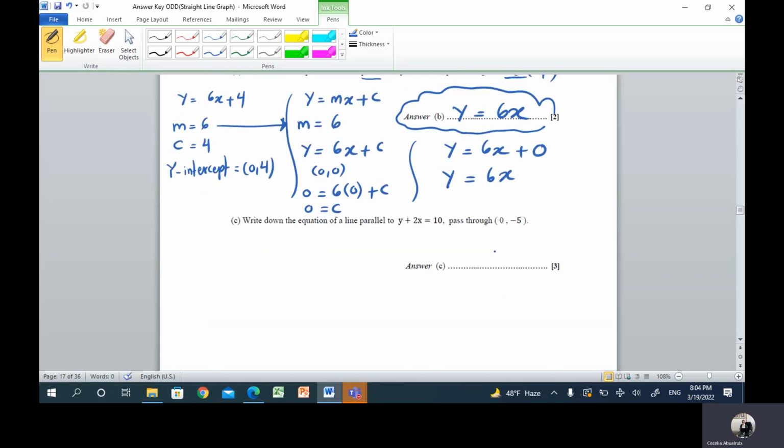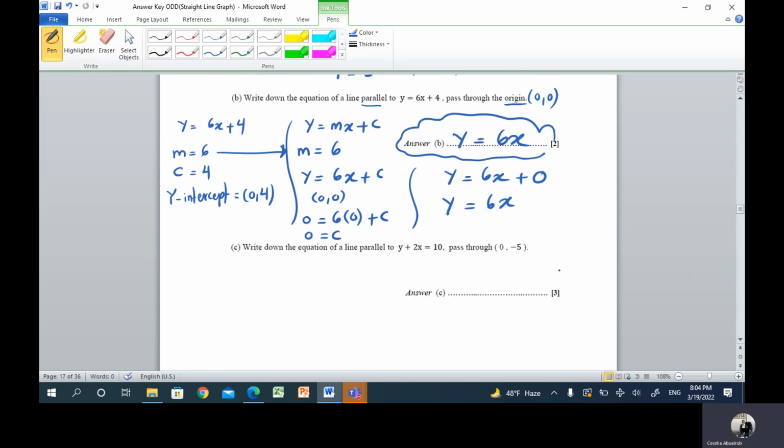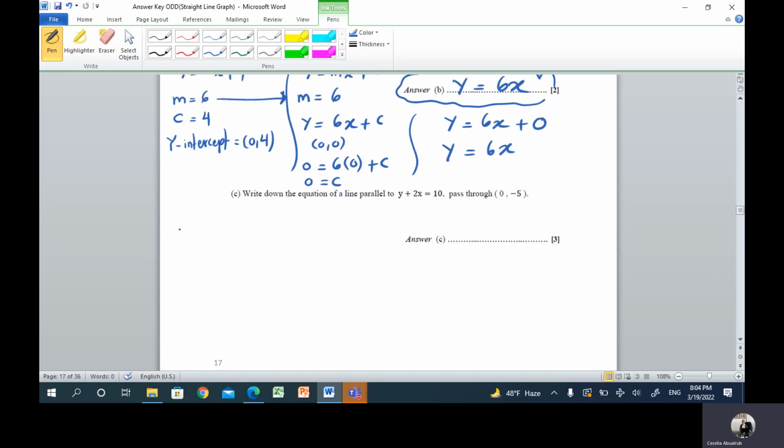Next, write down the equation of a line that is parallel to and passing through. The equation of the given line is y plus 2x is equal to 10. We have to always write it as y equals mx plus c.